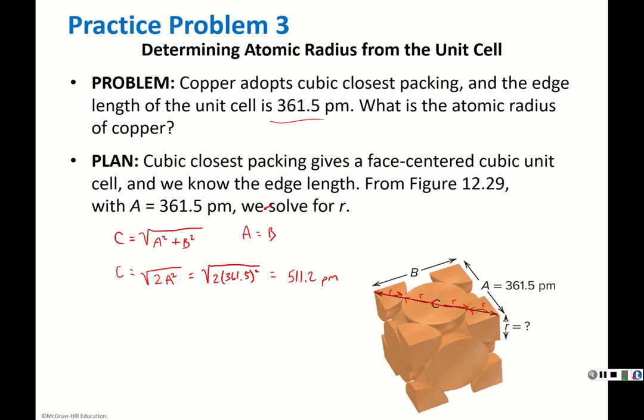So C is going to be equal to 4 radii. So if you want to find what the radius is, you just need to divide C by 4.